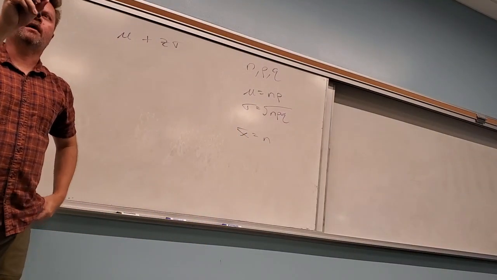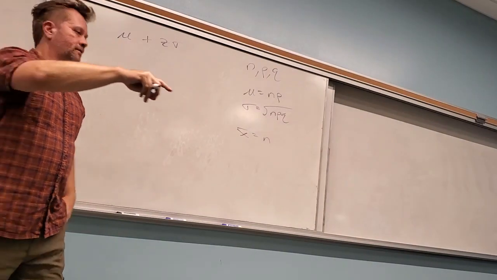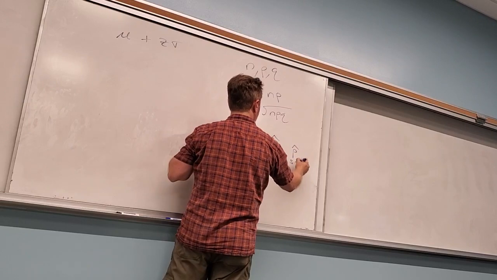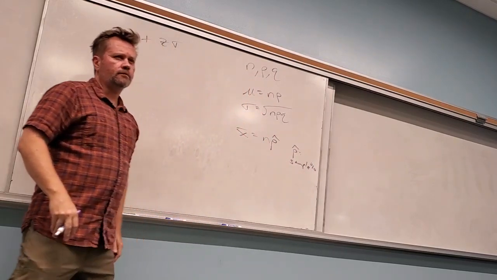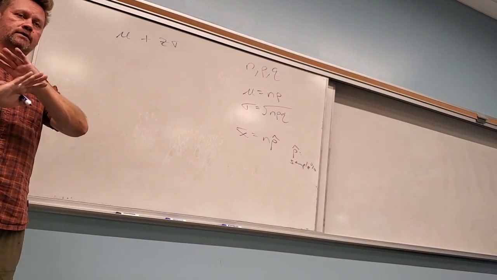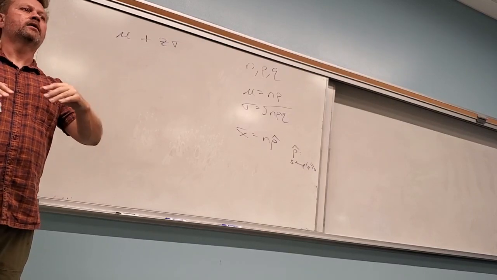So P is the population percentage. P hat is the sample percentage. Right, and I'm not sure if you guys believe me, that is the symbol. I didn't just make that up myself. That is the symbol for sample percentage.